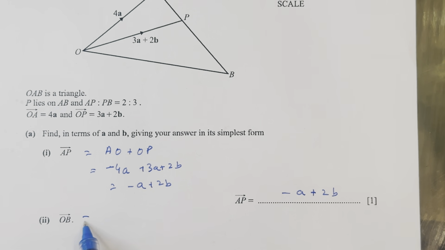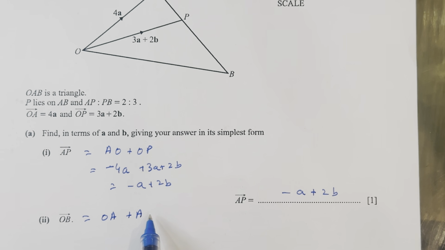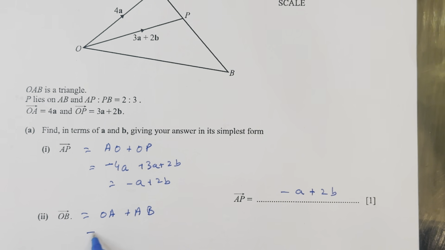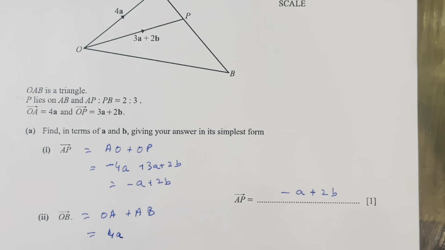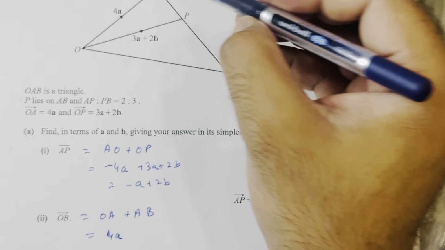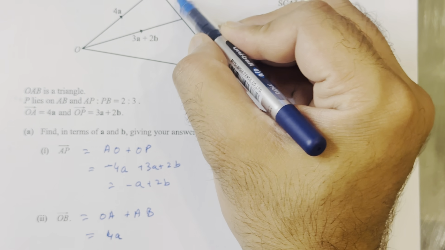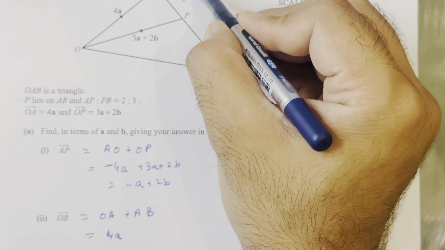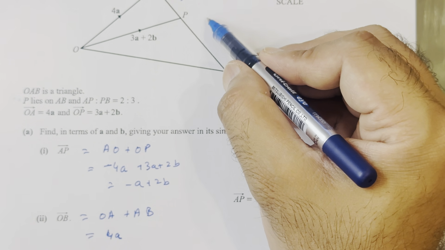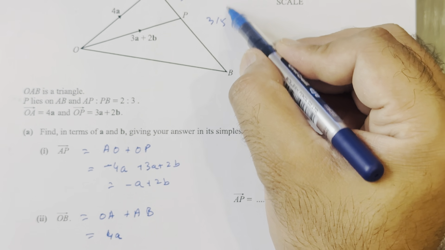OB is equal to OA plus AB. We have the value of OA, which is equal to 4A, and we know that AP is 2 over 5 of AB and PB is 3 over 5 of AB.